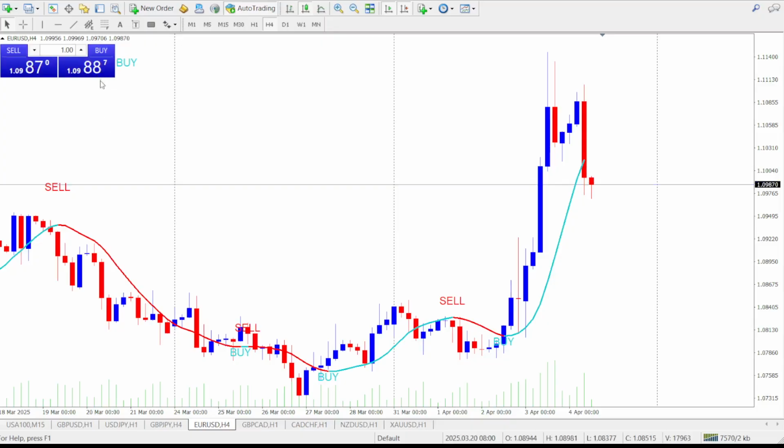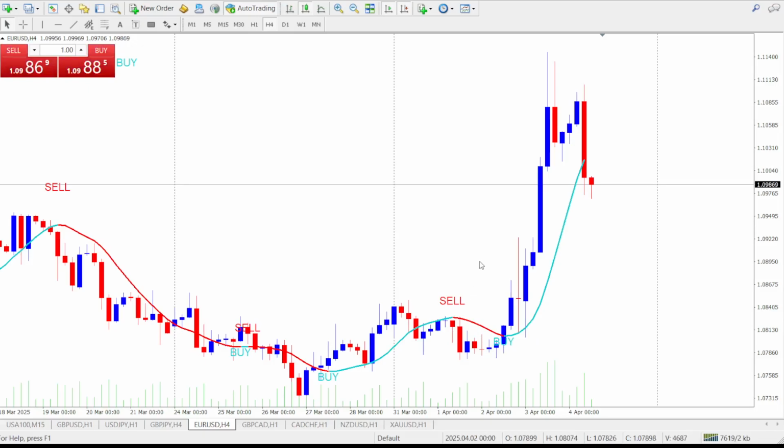Now, the Super Trend Profit indicator is designed to help traders spot the prevailing market trend and give them high probability buy and sell signals. It works by using two main features, which are the dynamic trend line and the text informer system.